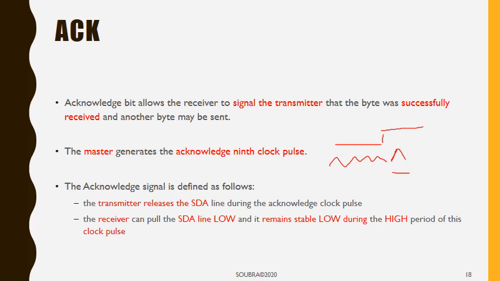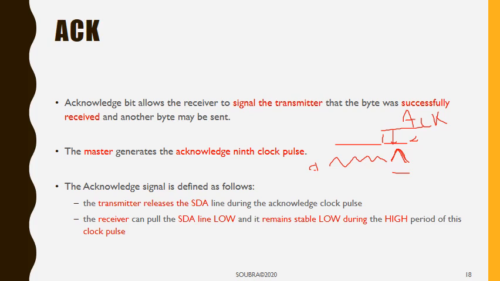So in the 9th cycle on the clock line, all the slave receiver has to do is bring it down. On my 9th, I need to have a low. If I have a low, this means that someone is maintaining it at low, and this marks the ACK.